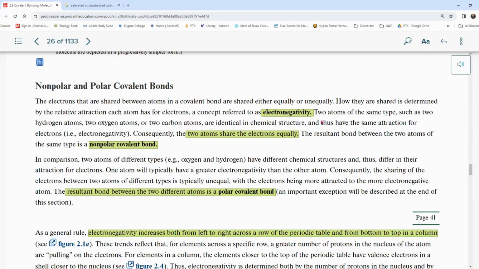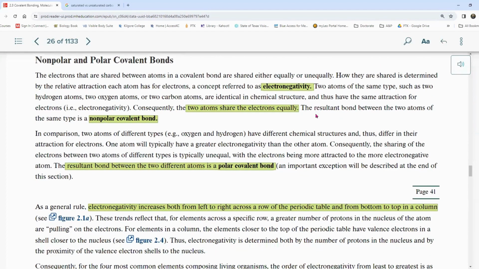So electronegativity is going to essentially show us how well it can attract another element. And why is that important? It's because some elements are going to be harder to break apart if they have a higher electronegativity. If they don't have a high electronegativity, they're easier to break apart.